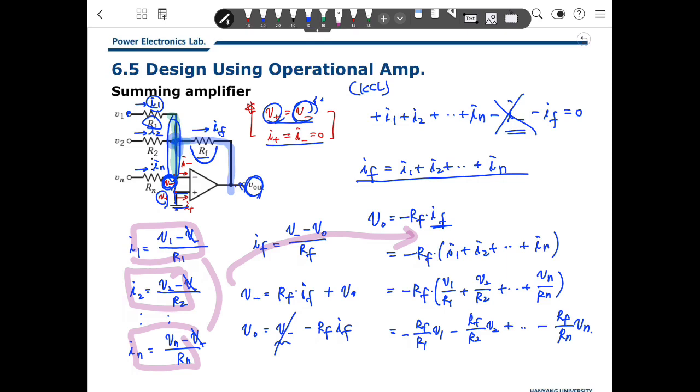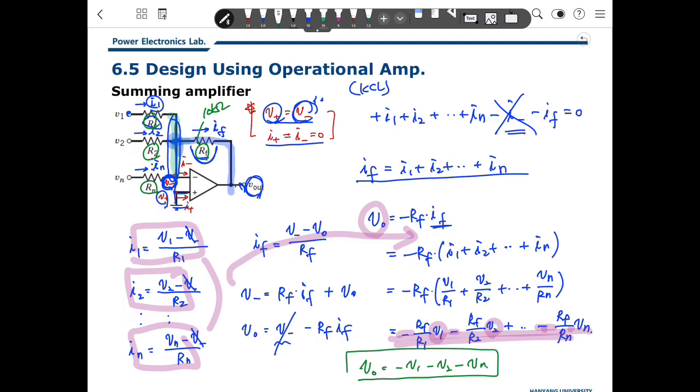This is a way you can make equations to represent this summing amplifier. So V out is about the summing of the inputs, but the inverting summing here. For example, if you insert RF as 10 kilo ohm, and 10 kilo ohm, 10 kilo ohm, 10 kilo ohm, then V out will be minus V1 minus V2 minus Vn. There's an inverting summing here.